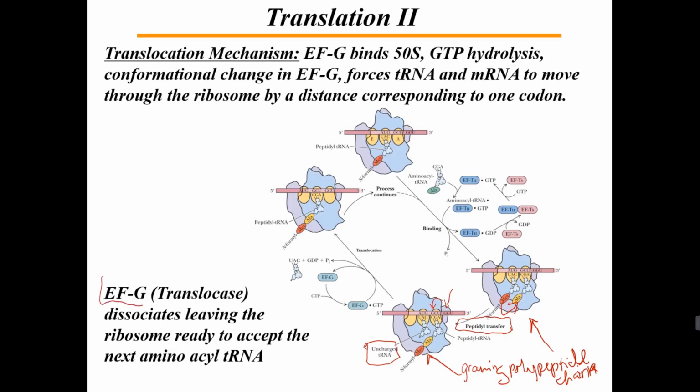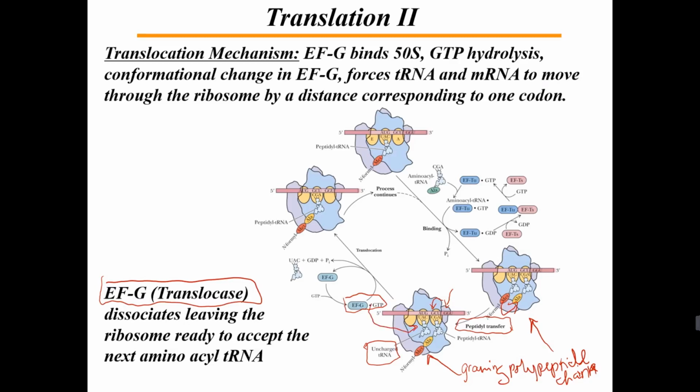So the name is depicted here. Okay, and EFG is actually another GTP-bound protein. And what it does, it actually binds to the EF2 binding site on the 50S subunit. So it'll actually bind in here.